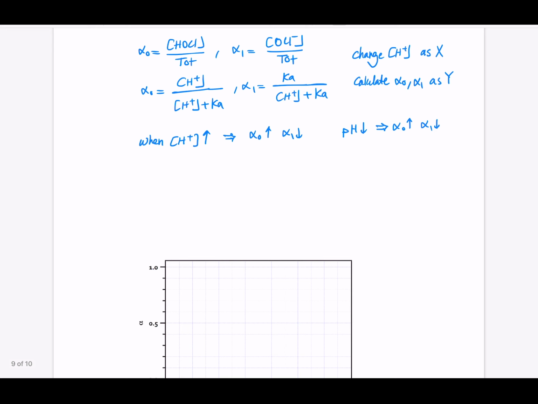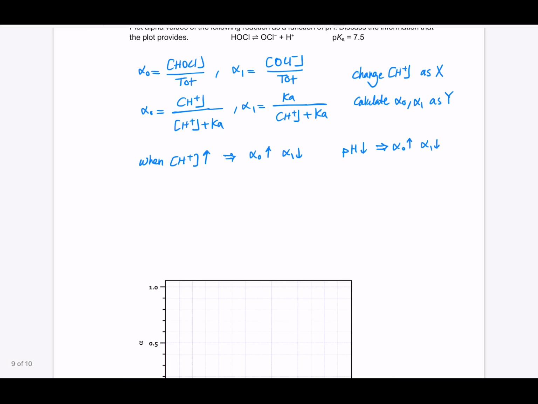So can we say at some point alpha 0 is very big, that is just the dominant one, and alpha 1 is almost equal to 0? Because the combination is always 1. Let's assume we have a very high concentration of proton, significantly bigger than this term, so eventually this term is equal to 0.